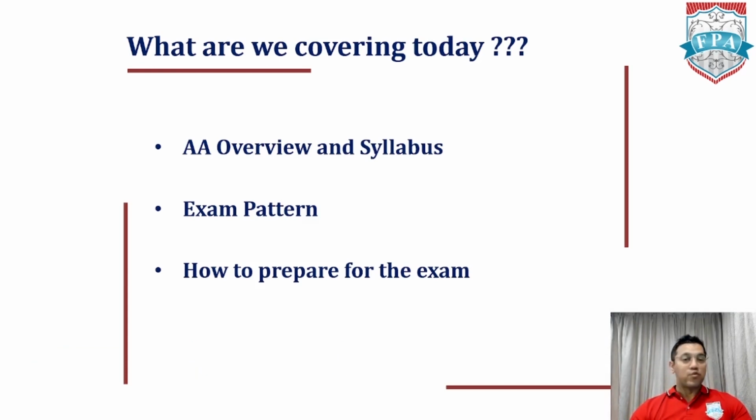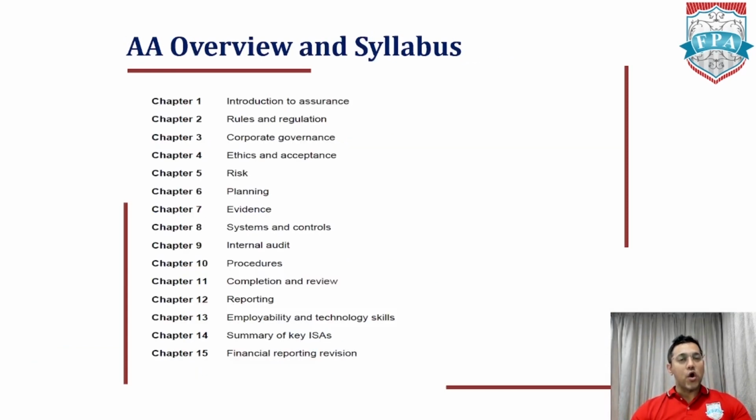So let's move on. This is your index. Now the content that I'm going to use is Kaplan, right? So this is the index from the Kaplan book, and as you can see, there are about 15 chapters.